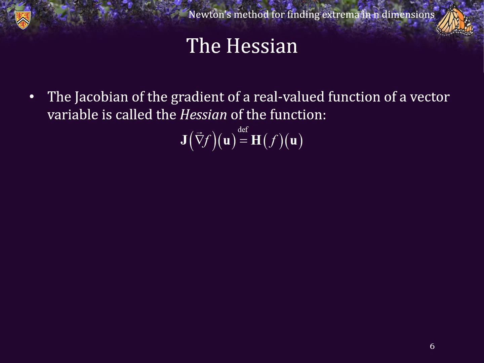Now, the Jacobian of the gradient of a real valued function of a vector variable is called the Hessian of that function. And there are different notations. However, we will continue to use the notation with the Jacobian. And again, because the result is a matrix in this course, we always represent the function name by a bold capital letter.